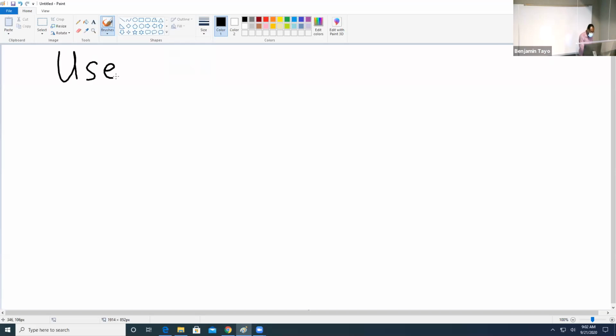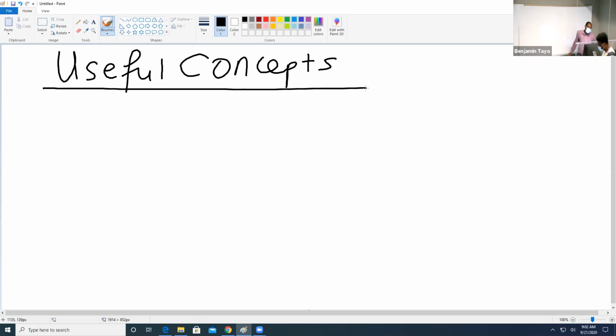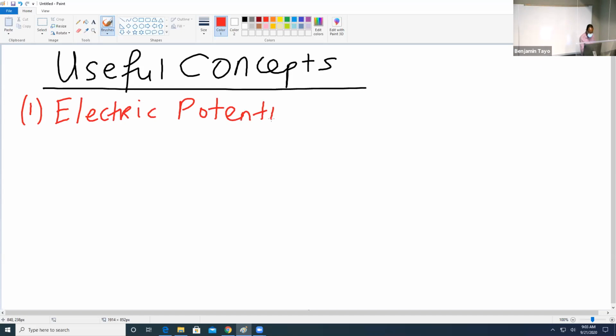Let me write down here some concepts, and I think once we understand the differences between these concepts, the first one is called the electric potential. I'll say that we calculate this at a point.